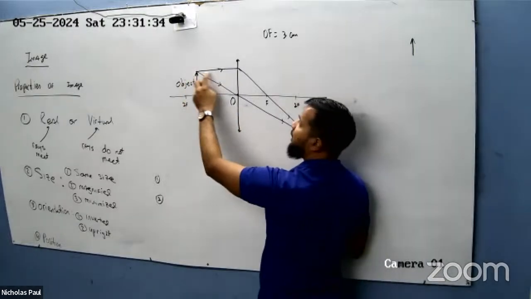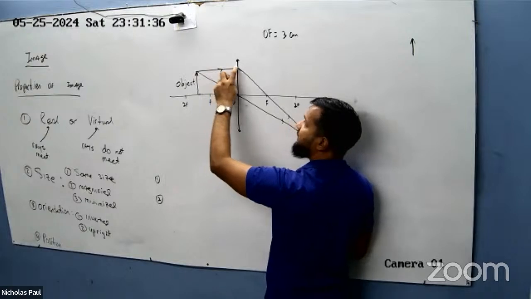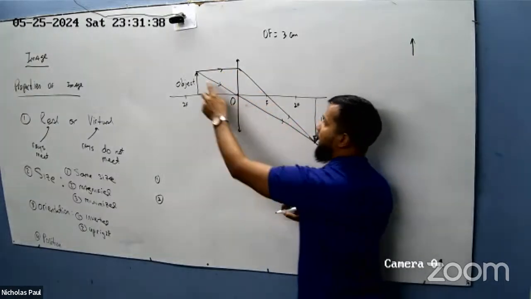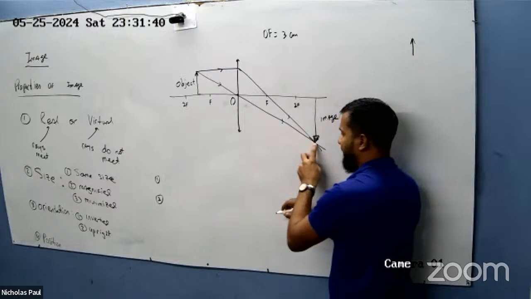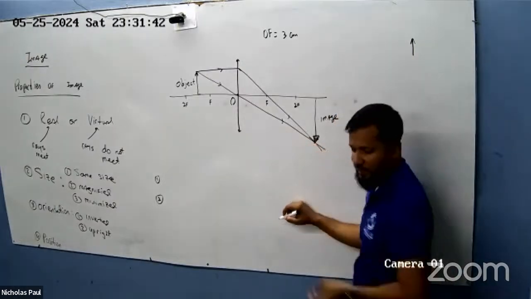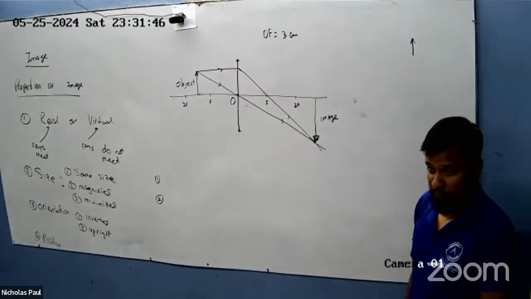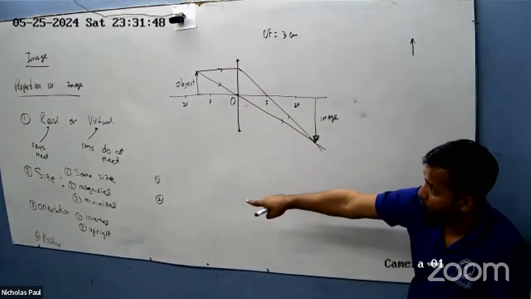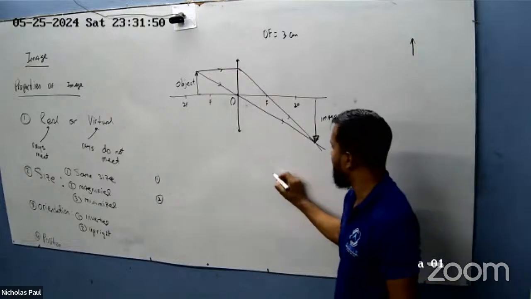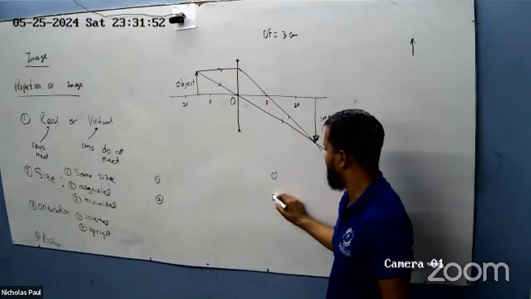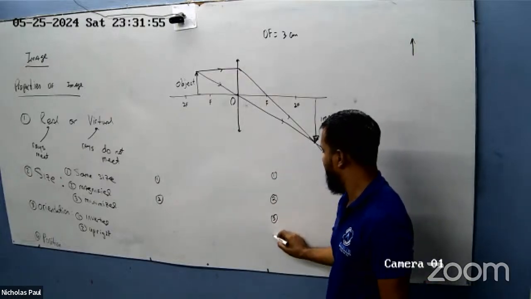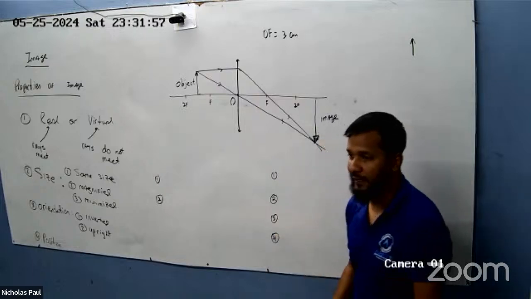So the ray comes in here. When the ray meets the lens, it comes down to the focal point. The next one is straight through the optical center. Where they meet, that's the image. Set it up, and then we're going to answer those four things about the image.